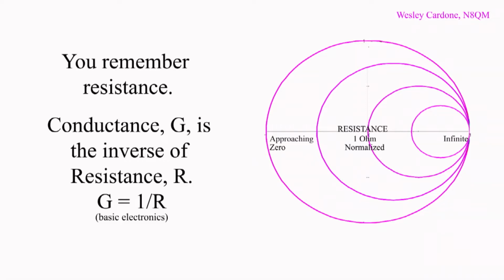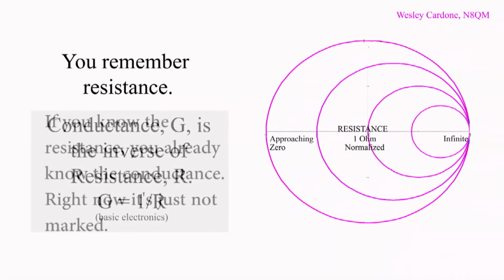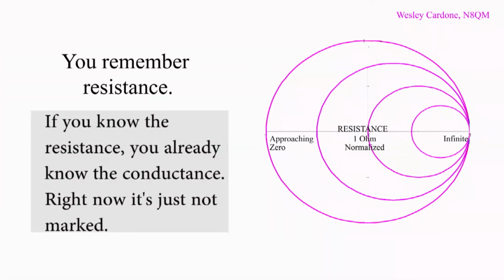It is really helpful in electronics to be able to talk and converse in conductance. Therefore, it would be very nice if the Smith chart could tell us about conductance. It would be nice if the Smith chart could also have lines showing us conductance.